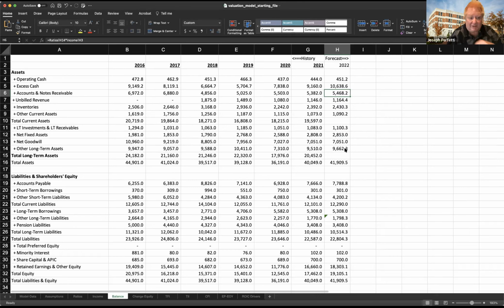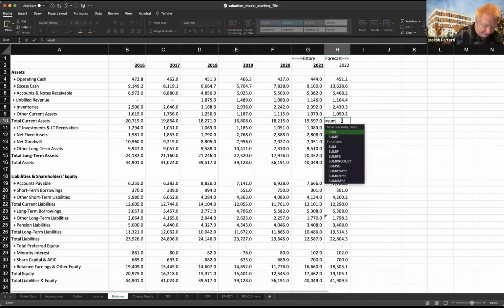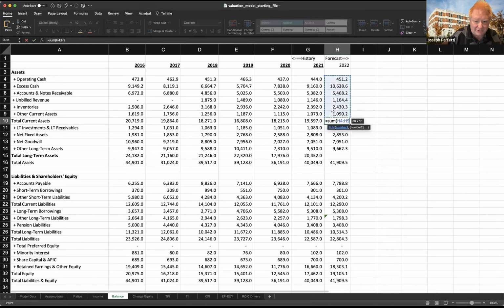Okay. So now I'm going to sum my total current assets. So H10 equals the sum of everything above, from operating cash all the way down to other current assets, so H4 to H9, 21,242.8 million.